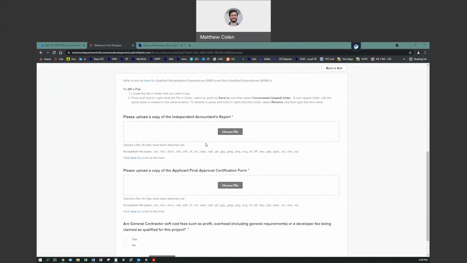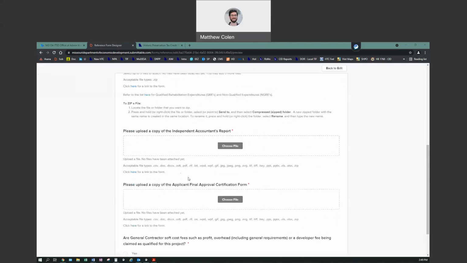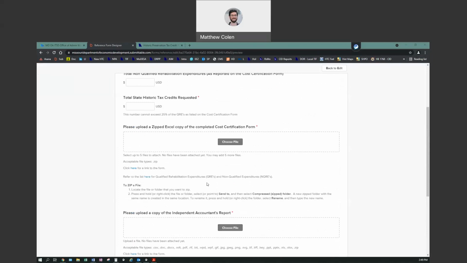The aim of that was, of course, to streamline and reduce some of the redundancies in our process and hopefully get you guys your credits faster. So just keep in mind, there's no area to upload those, and they are not required to be sent to DED anymore for the proofs of payment documents.